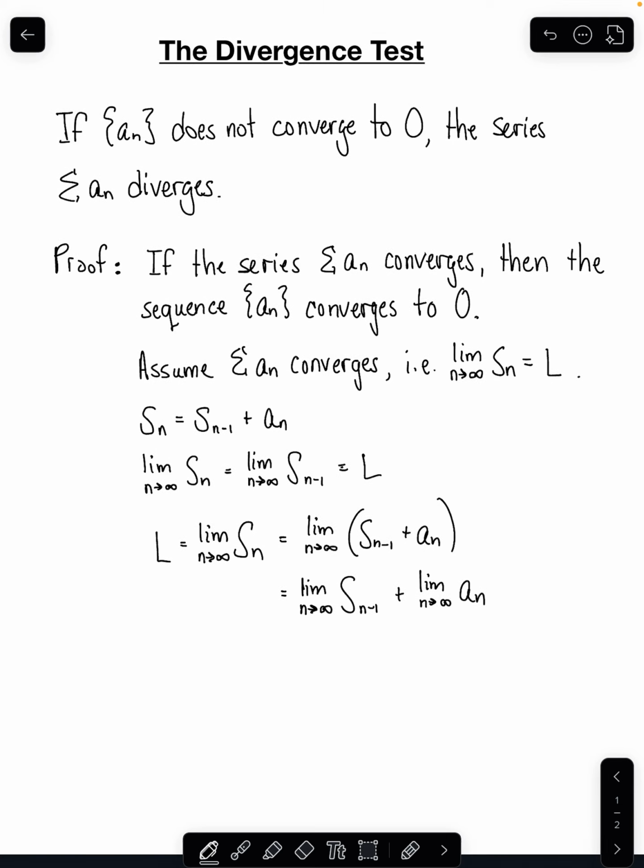But as we already said, the limit as n approaches infinity of s sub n minus 1 is still L. So what we have here, starting from the beginning, is L equals L plus the limit as n goes to infinity of a sub n.